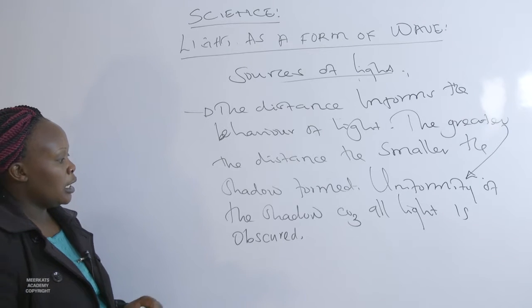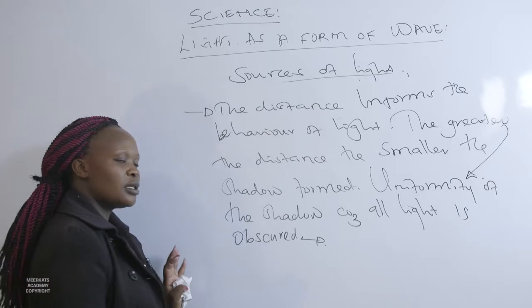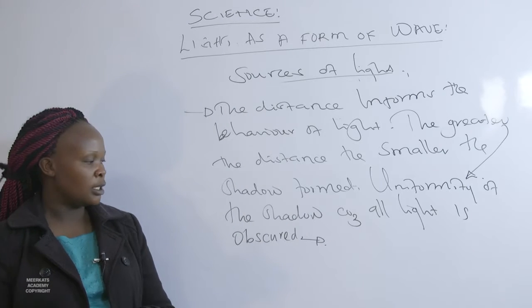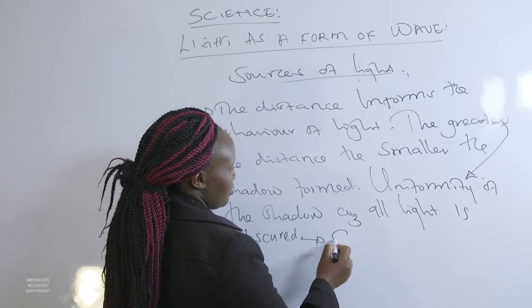Now, the most common shadow that is formed is what we call the eclipse.